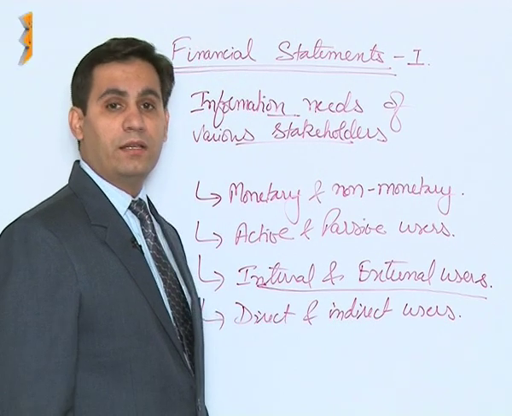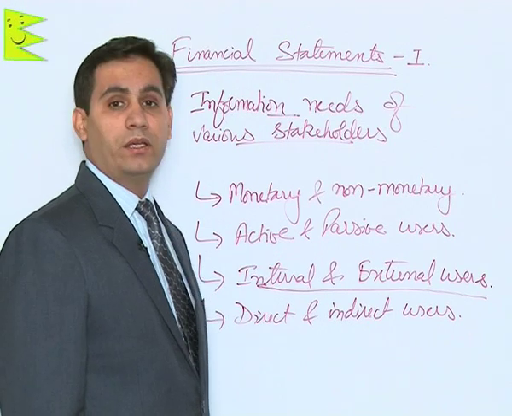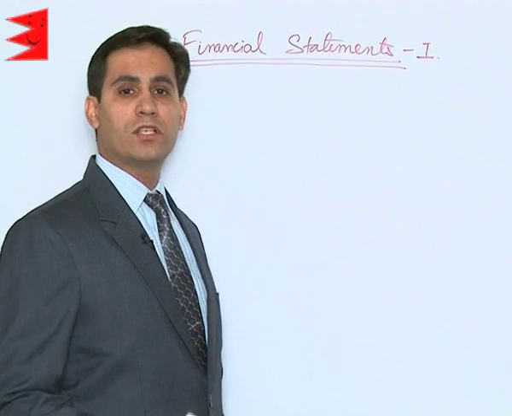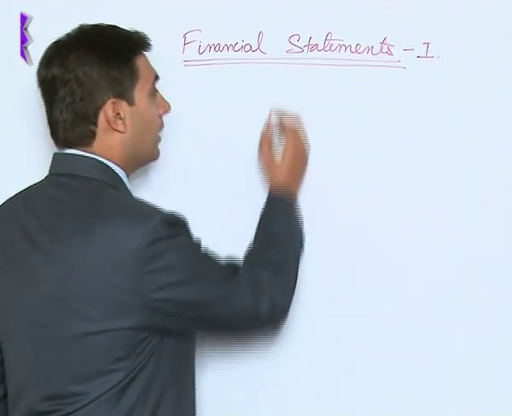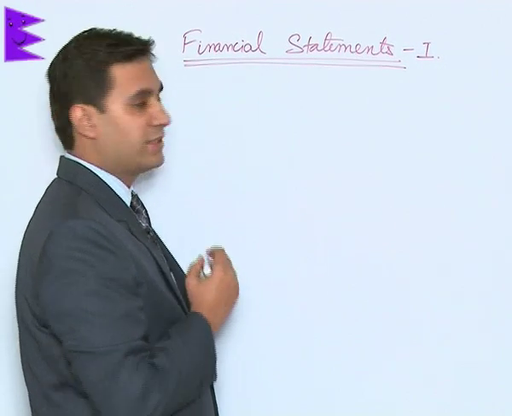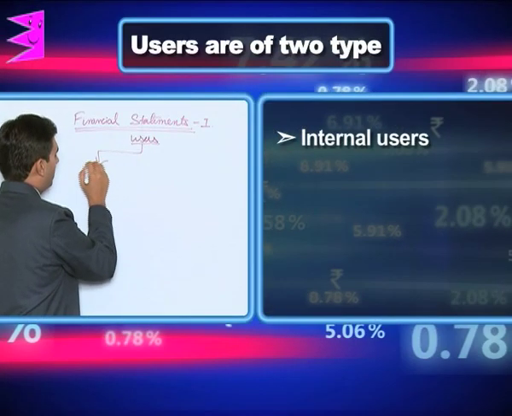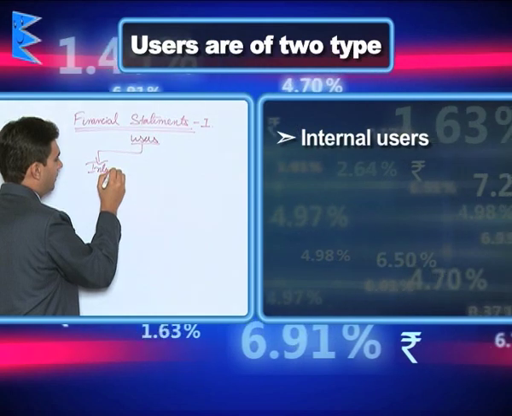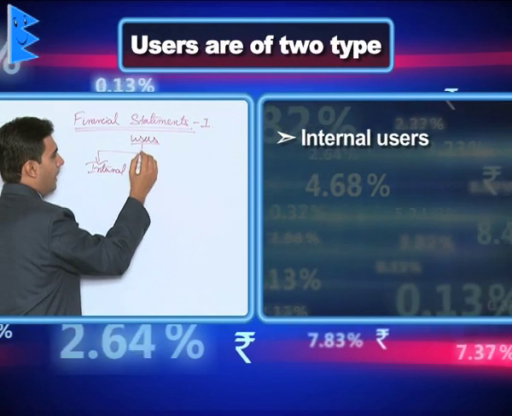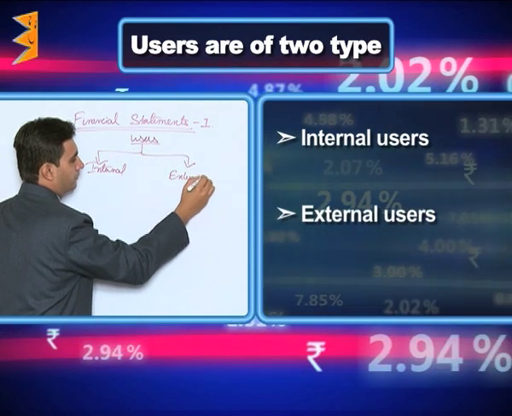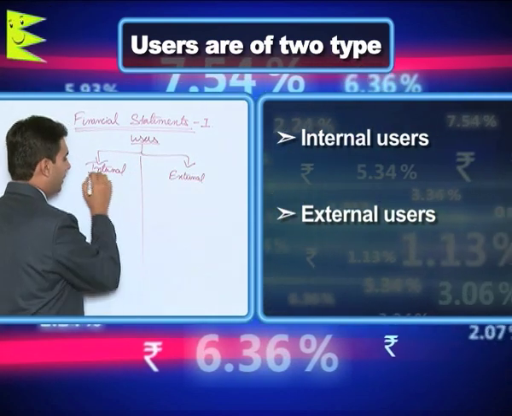What are internal and external users of accounting information? The most important classification for users of accounting information is internal users and external users. So users can be of two types, that is internal users and external users. We all know internal users.